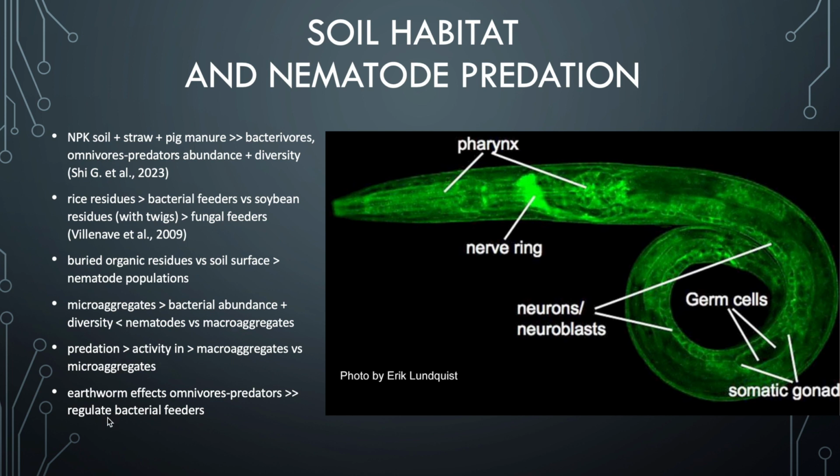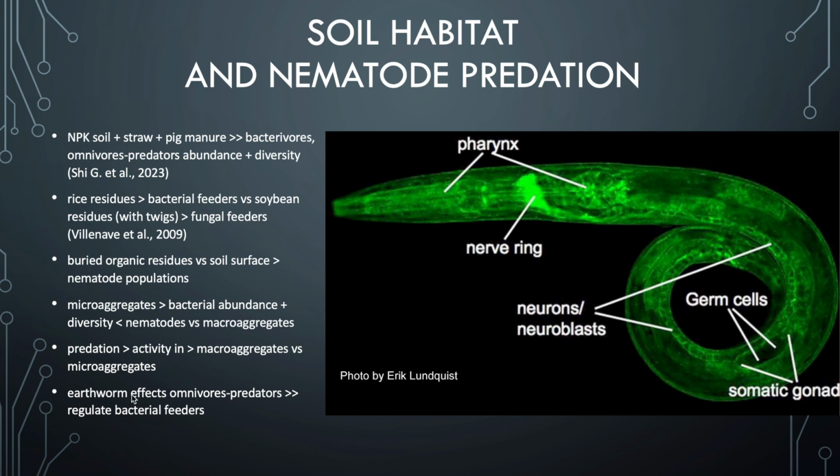There are also earthworm effects. So some studies show that earthworms will reduce the number of nematodes in the soil, and some that will increase the biodiversity and number of nematodes in soil. And that's got to do with the fact that earthworms actually feed on nematodes because they feed on all the organisms that surround the organic matter in the soil, and they have large mouths, and nematodes will end up undoubtedly in their gut.